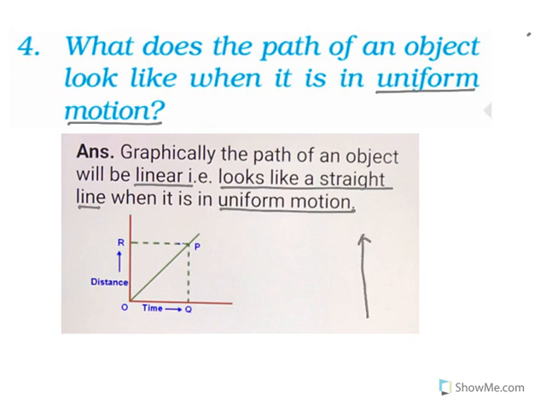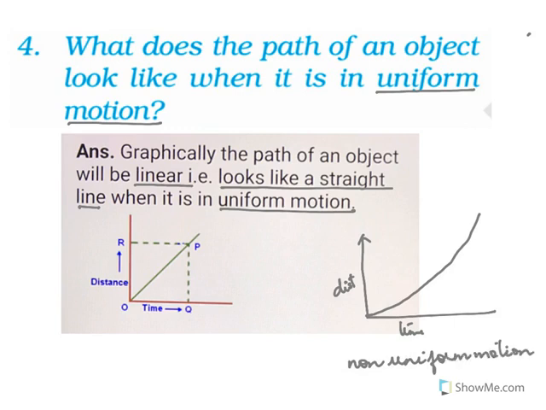And just to revise, remember when we did distance-time, when it was not a straight line, it was curved, we said this was non-uniform motion. Unequal distances in equal intervals of time. When it is a straight line, it is a uniform motion.